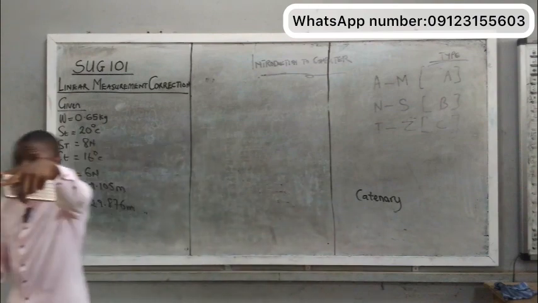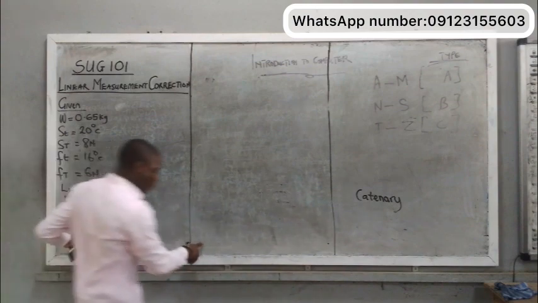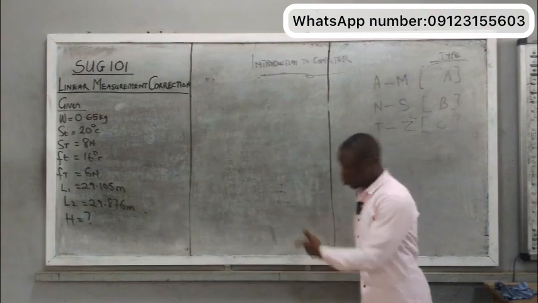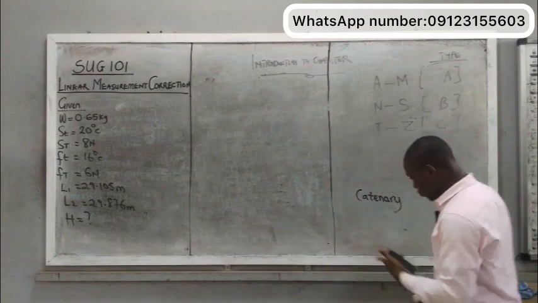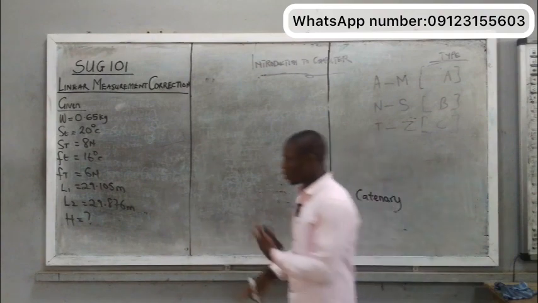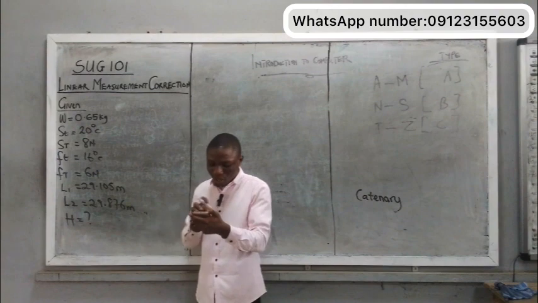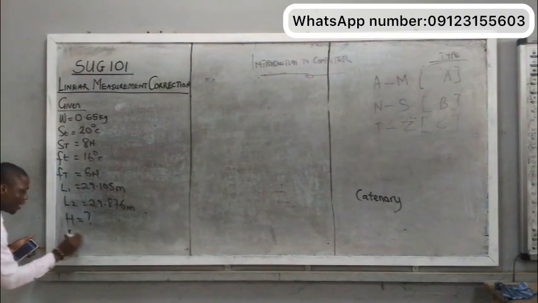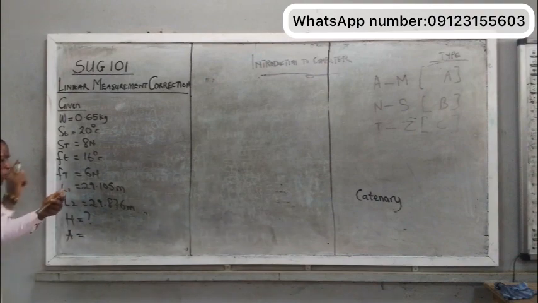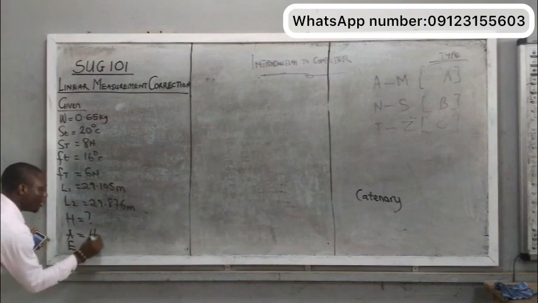Calculate the true horizontal length. You said that earlier, H. When I wrote something here, H is equal to F plus CT plus CT plus CS plus SC. If the cross-sectional area of the tape, that's A, and E are 4 meters squared.